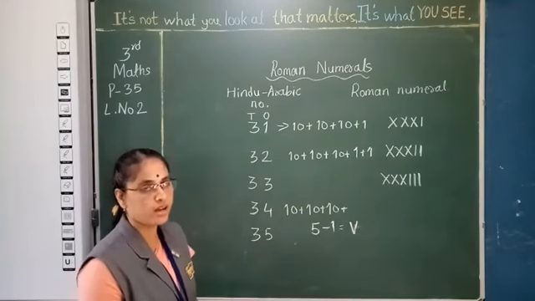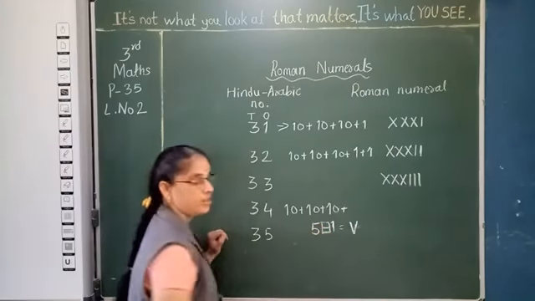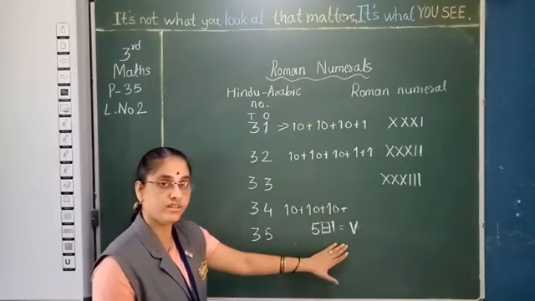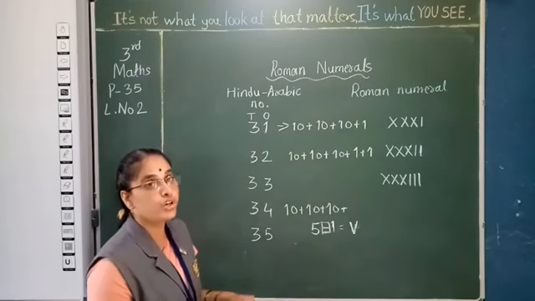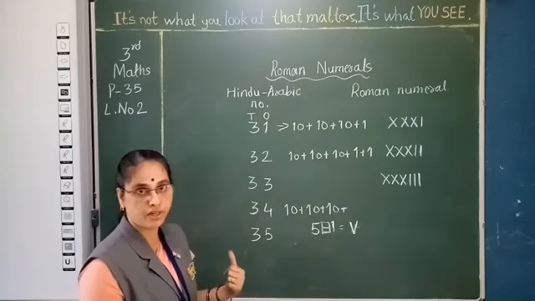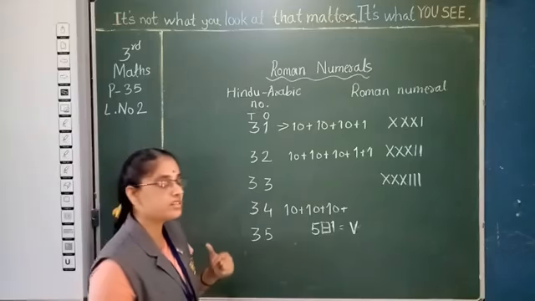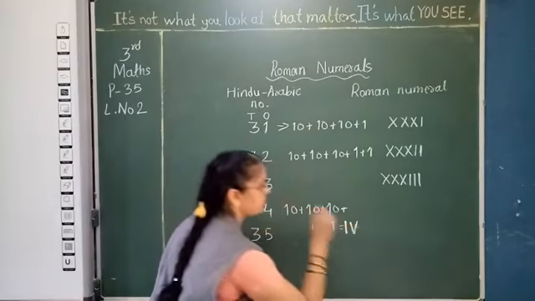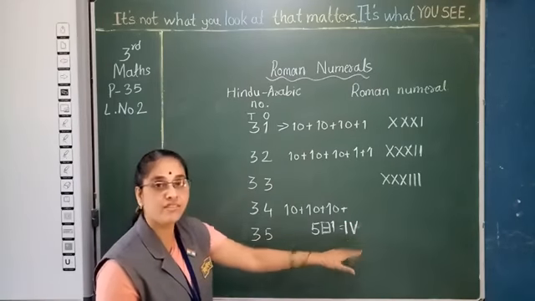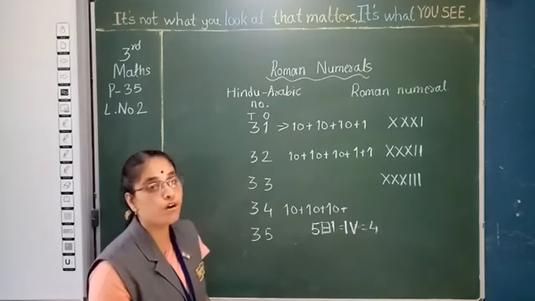I. But here, as I told you, we are doing subtraction. When you do subtraction, the smaller symbol, do you write it on the right side of the bigger symbol or the left side? Yes, you write the smaller symbol to the left side of the bigger symbol. So this IV is used for 4.